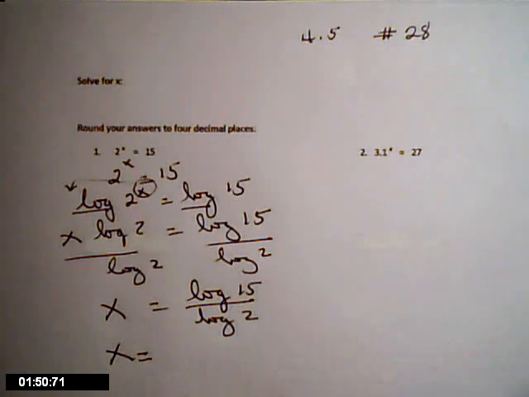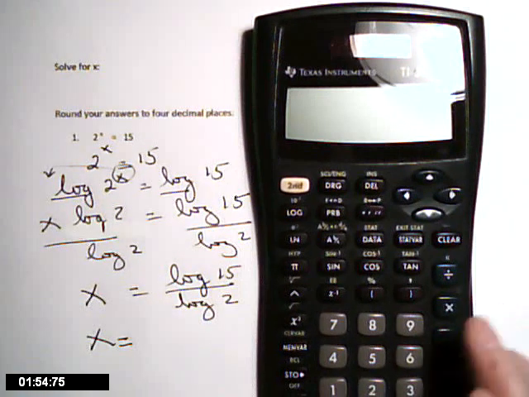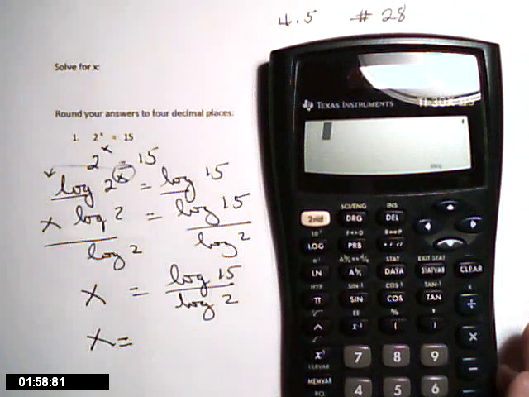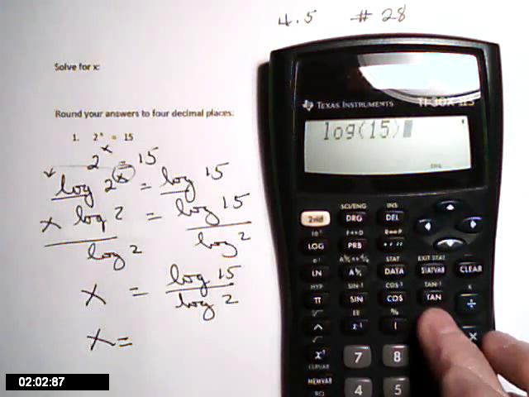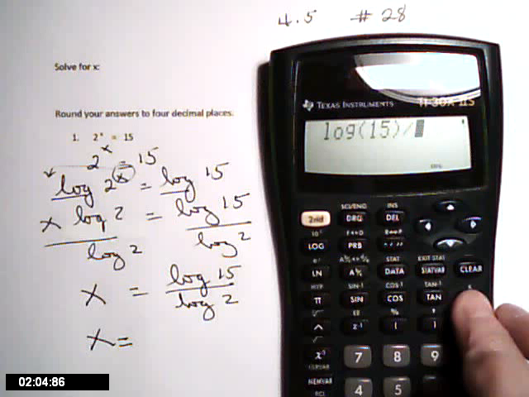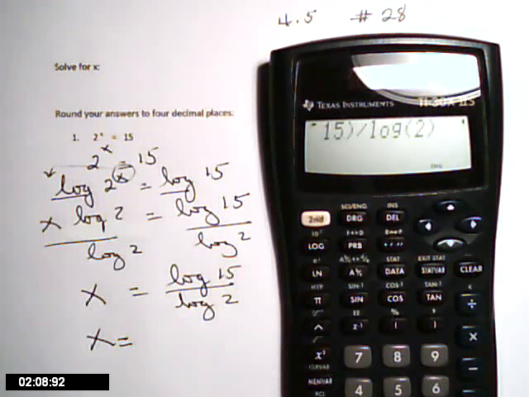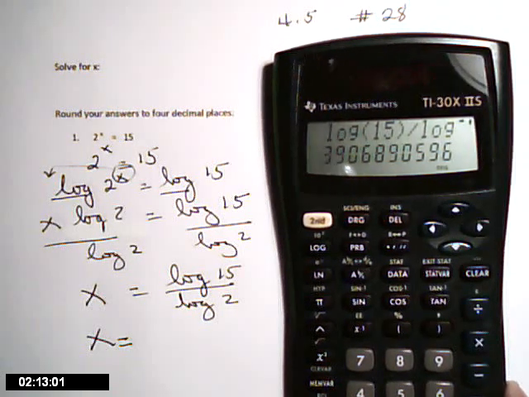Now you remember my calculator knows base 10, so I'm going to go back to my calculator and enter this problem. I'll enter log 15, close my parentheses, divided by log 2, close my parentheses, equal. And my problem tells you to round to 4 decimal places.